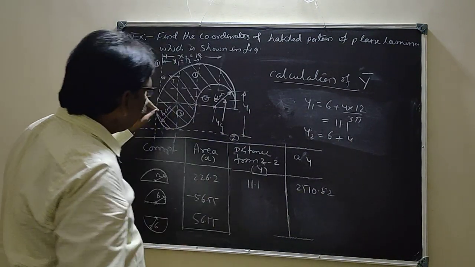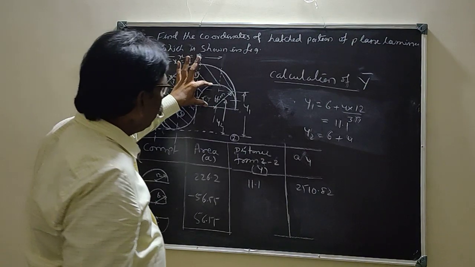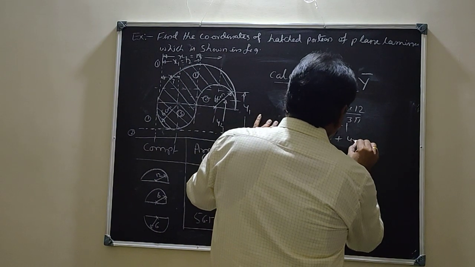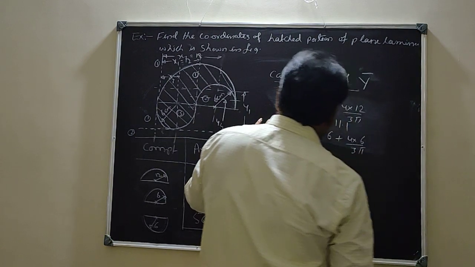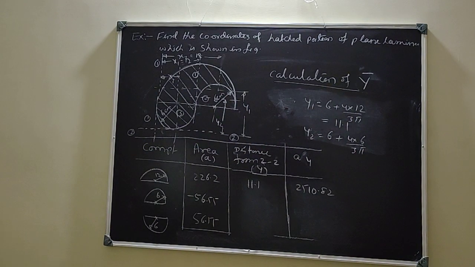Now r of this one is 6 centimeter. So therefore 4 into 6 divided by 3 pi. That works out to be 2.55.